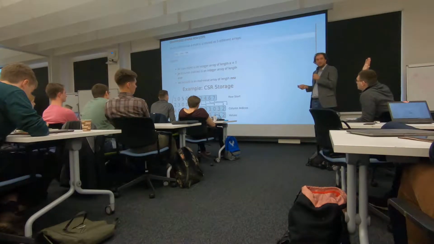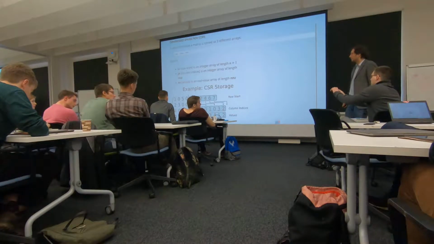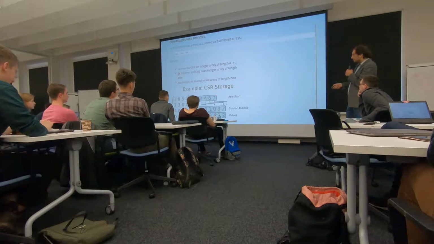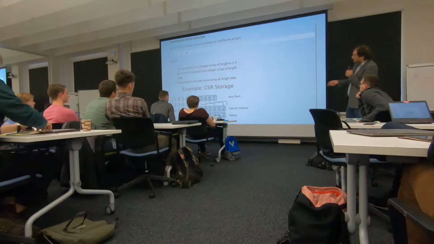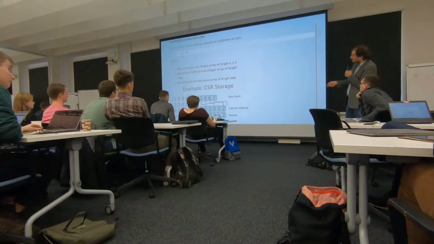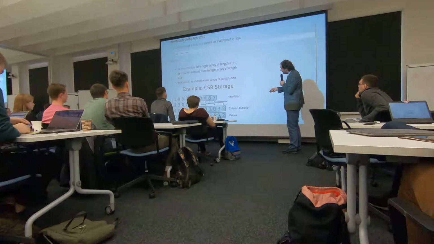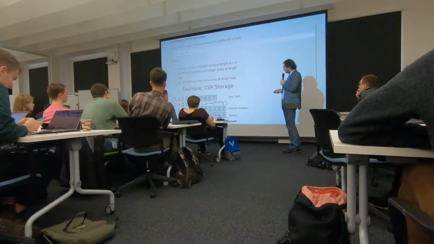Okay? Any questions? What do numbers in the row start array mean? What is 7, for instance? These are indices in this array. So it says the first row of the matrix starts at position 0 here. So we need to find out that these two elements were in the first row of the original matrix. How do we do that?